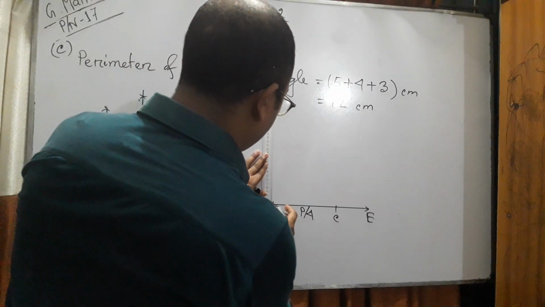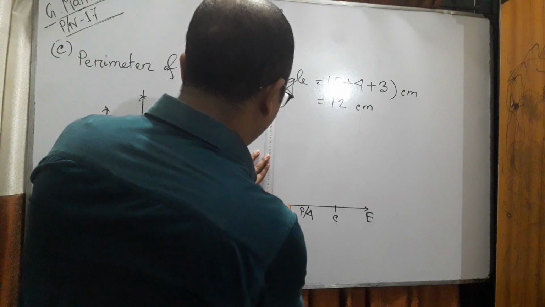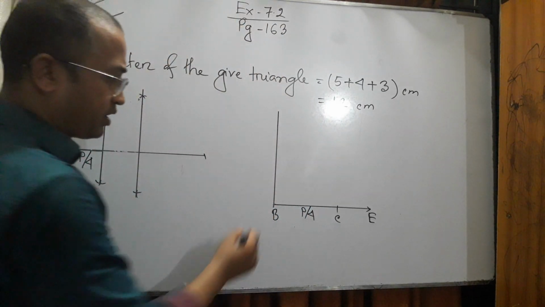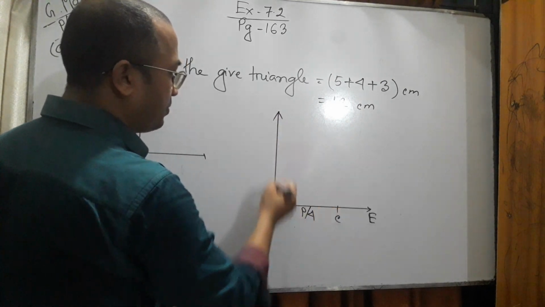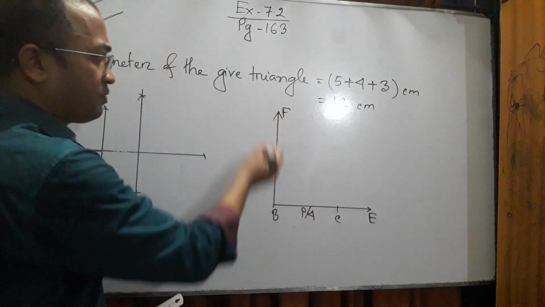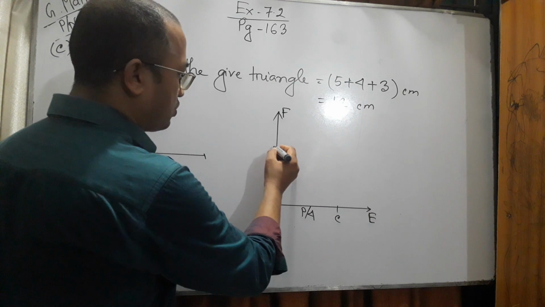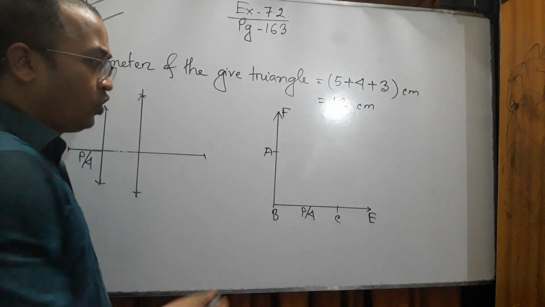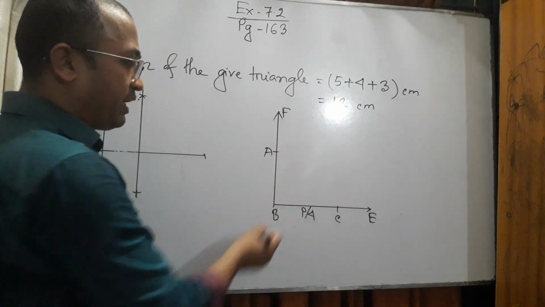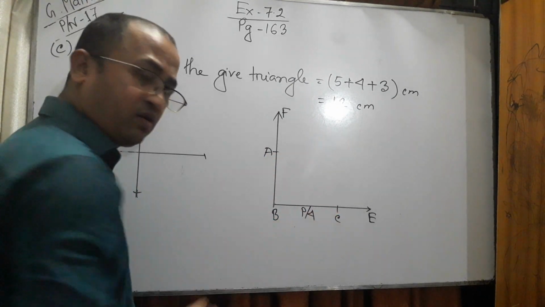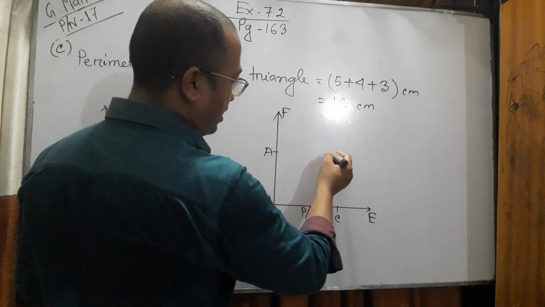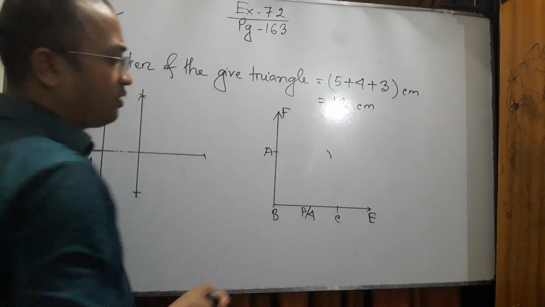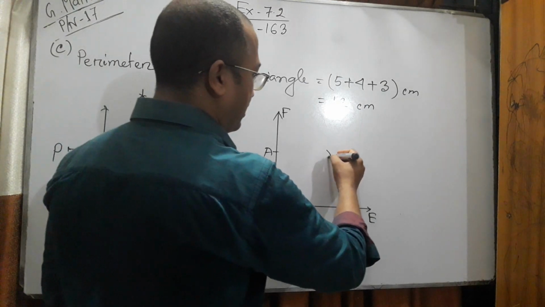And how to draw the right angle? I think all of you know. We draw a right angle over there. This is CBF. From BF we take BA equal to BC. With center A and the radius BC, we draw an arc over there. Again with center C and the same radius, we draw another arc.